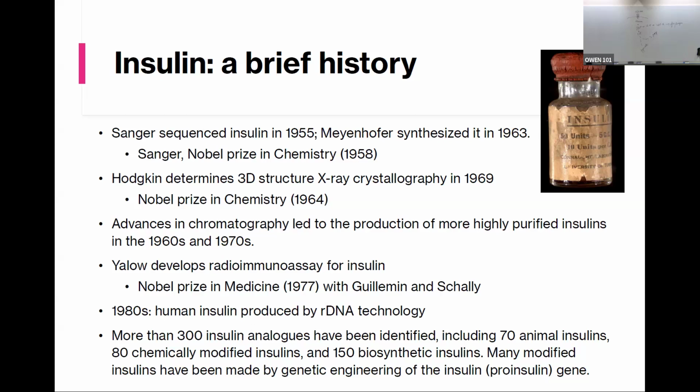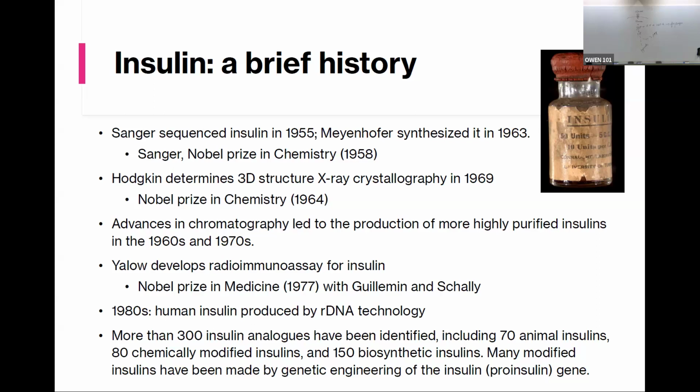Even now, if you use a recombinant system, like bacteria or yeast, you still have to purify it. Otherwise, how can you take insulin out from the mixture of other enzymes or proteins in the cell? So the chromatography technique is very important. The radioimmunoassay for insulin was developed. That's another Nobel Prize. So the history of insulin is crazy.